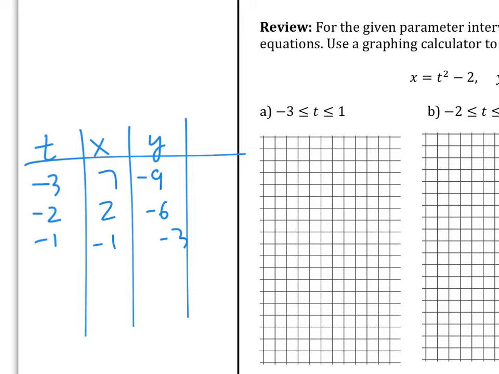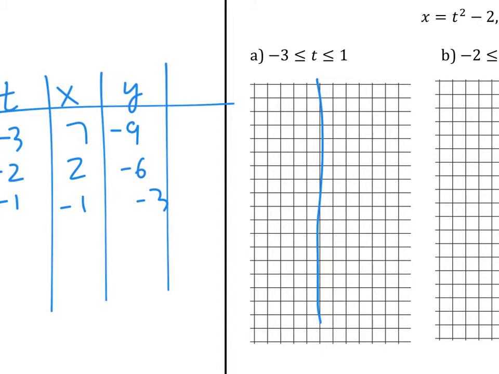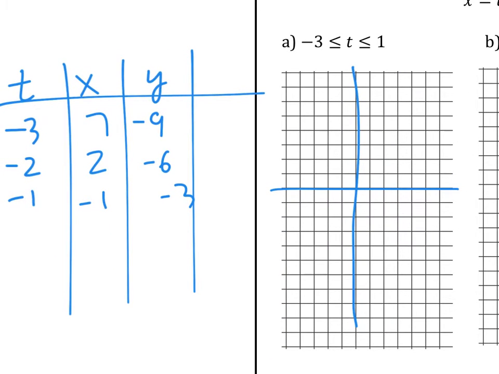So let's go ahead and graph it on here. Let's make sure I have enough space. Okay, so at time t equals negative 3, x is 7, y is negative 9. Negative 9 is around here. Okay, so this point is t equals negative 3.